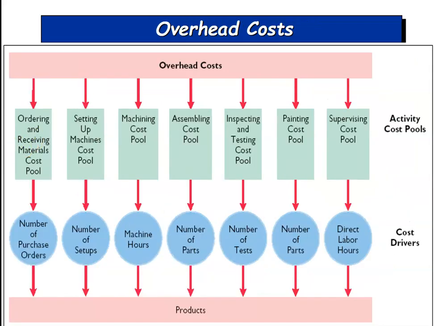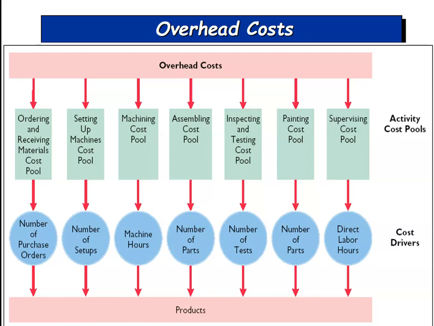Here we have essentially the exact same thing, except we have a different company. Now, we don't have any indicator here as to what these products are that the company's making, but this is a different company quite clearly. And this company has identified 1, 2, 3, 4, 5, 6, 7 types of costs or activity cost pools that are significant in their operations.